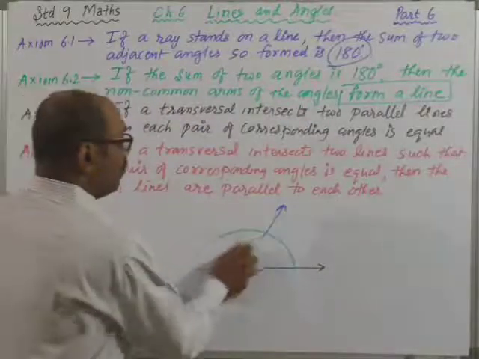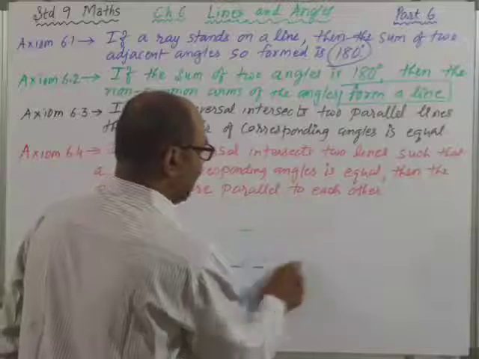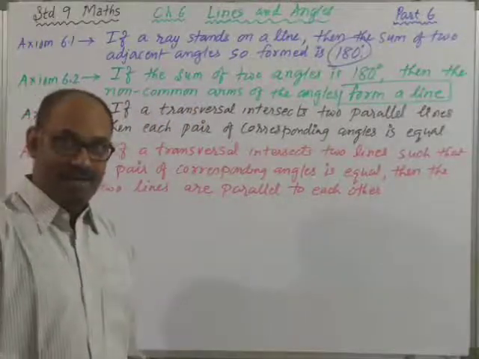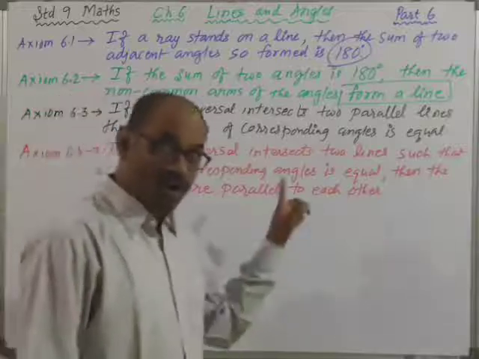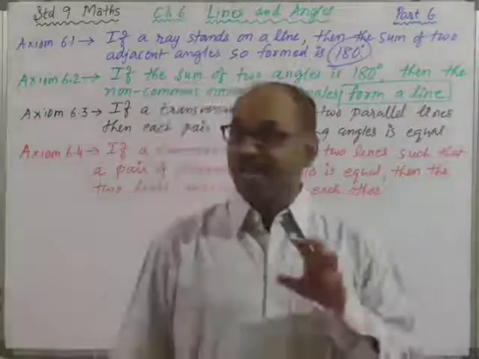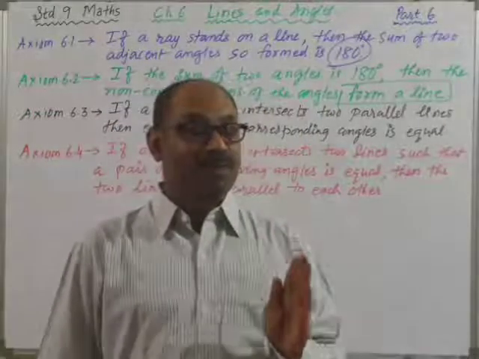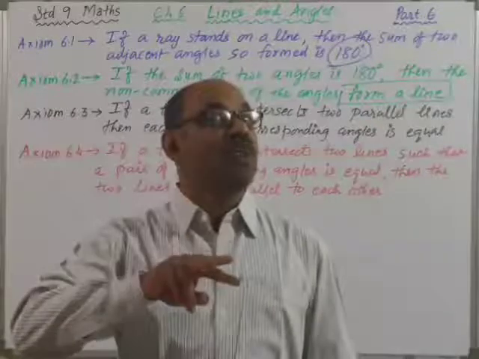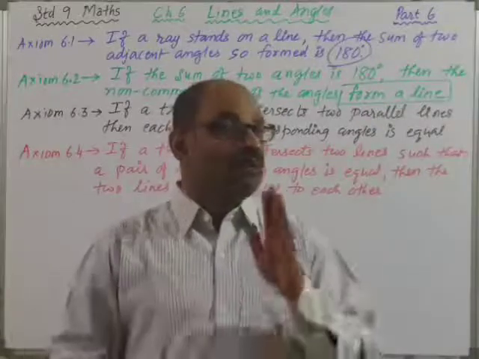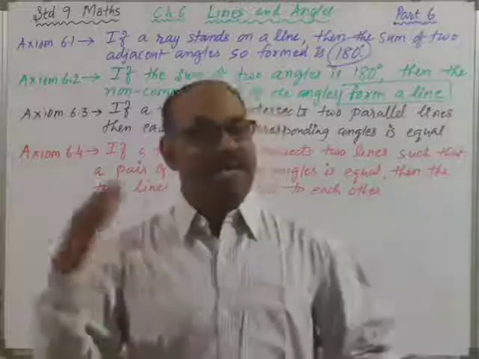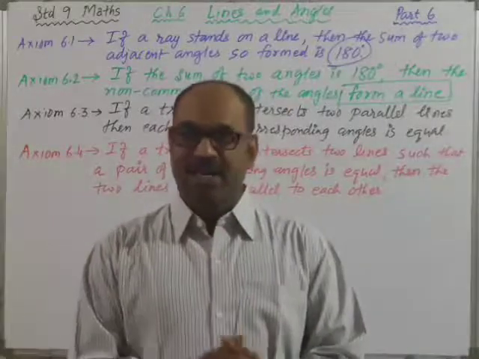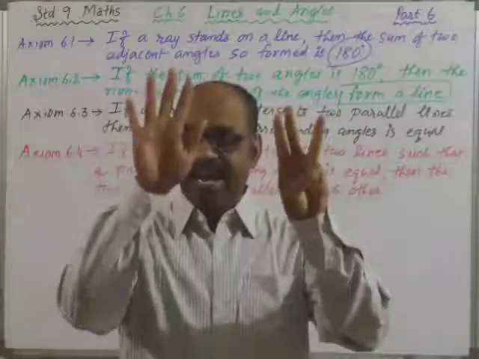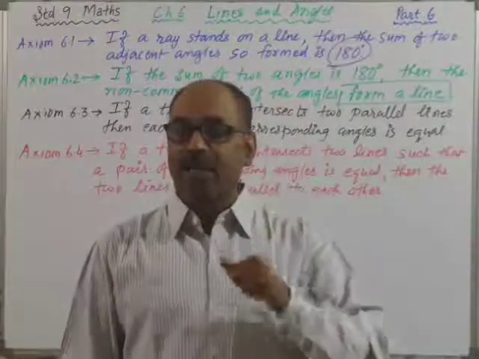Okay, so moving on to the next axiom, and it is 6.3. The new one we are going to see today. Before reading that axiom, I would like to remind you of the different types of pairs of angles formed by a transversal of two coplanar lines. The two coplanar lines may be parallel, or may not be parallel. The first pair of angles is linear pairs. How many? 8. Second, vertically opposite pairs.